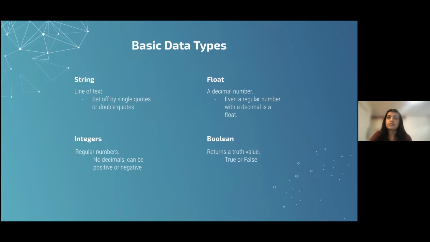Next we have booleans. These are basically true or false values, and these are especially used when you have if conditionals, which we'll also go over. When you want your program to figure out if an expression is true or false, you would run a conditional and then it'll give you a true or false statement.